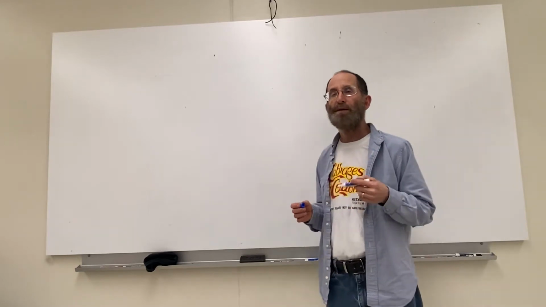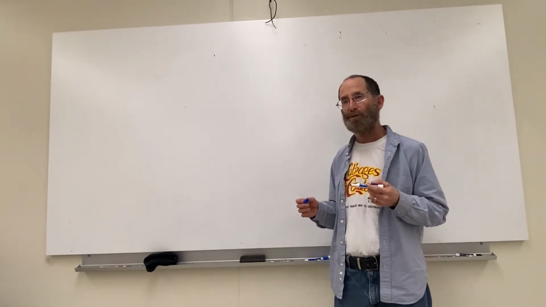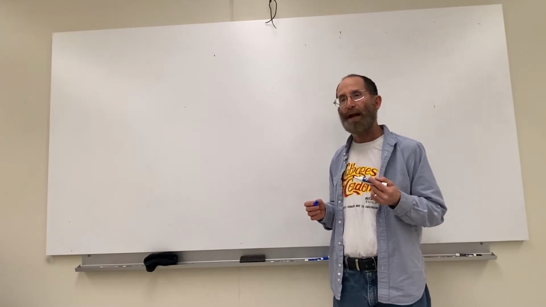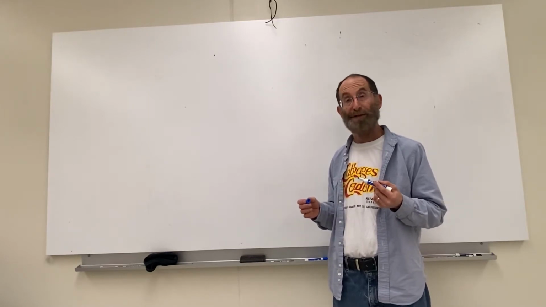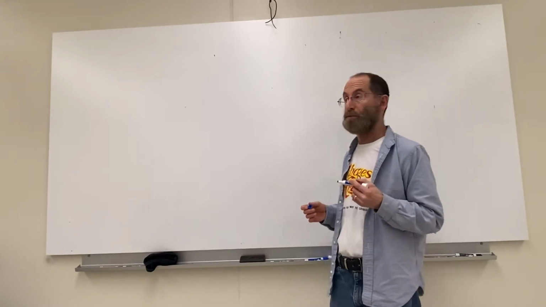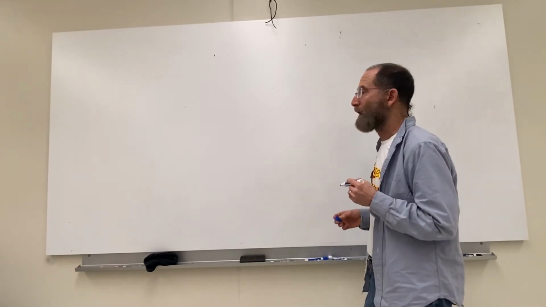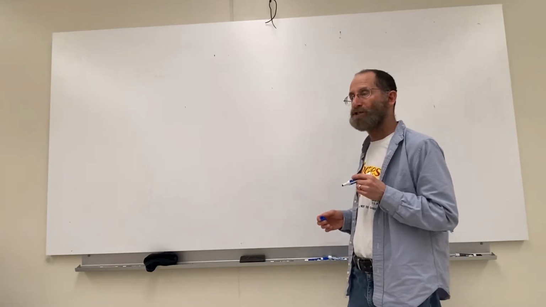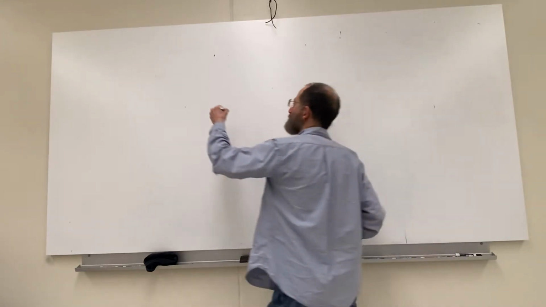How is it that members of the same species can differ in chromosome number and not have a serious problem associated with either having that extra chromosome or not having that extra chromosome? So what we're going to talk about is something called dispensable or B chromosomes.